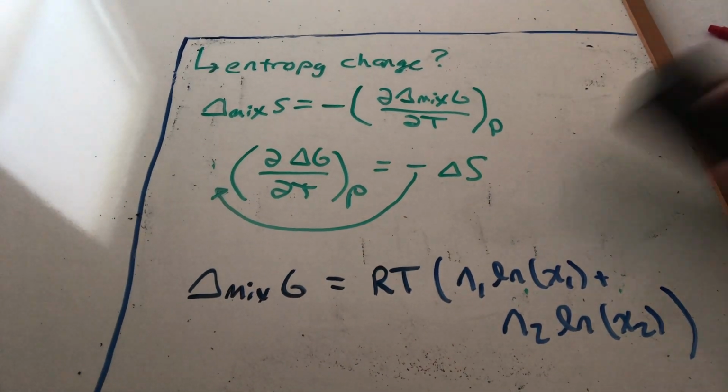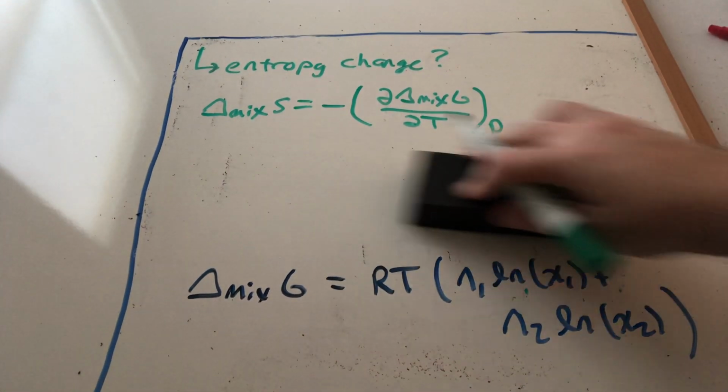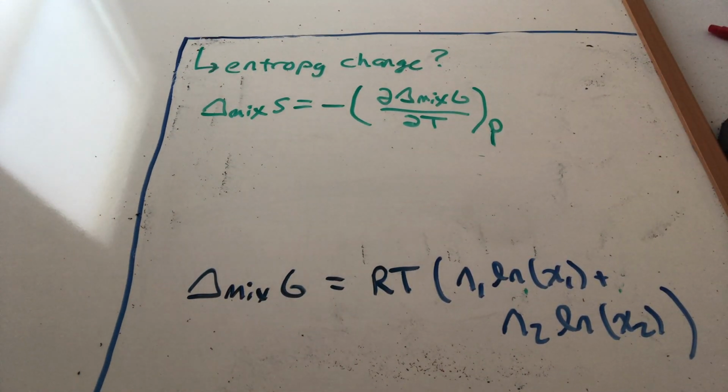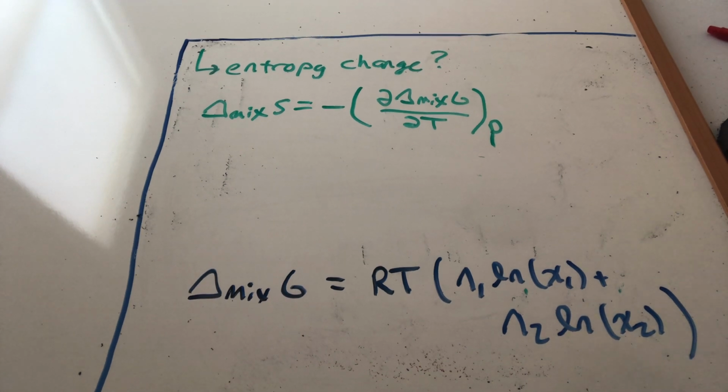And then what we'll get is an equation that we can analyze that gives us the entropy change for the formation of that binary mixture that we were looking at.